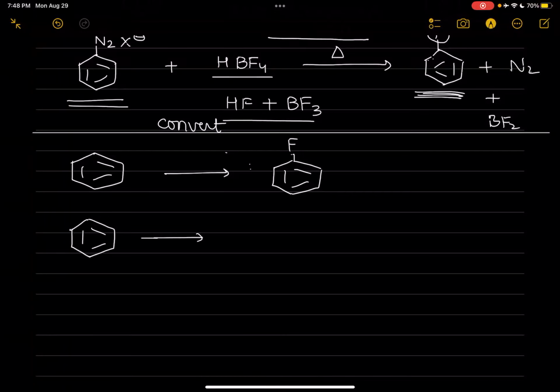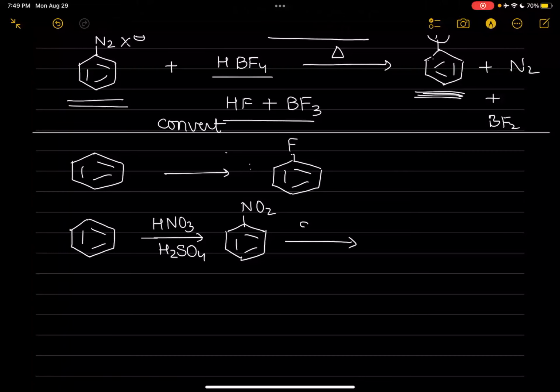So benzene is there. Benzene can be reacted with HNO3 in the presence of H2SO4, and we can convert it into nitrobenzene. Okay.